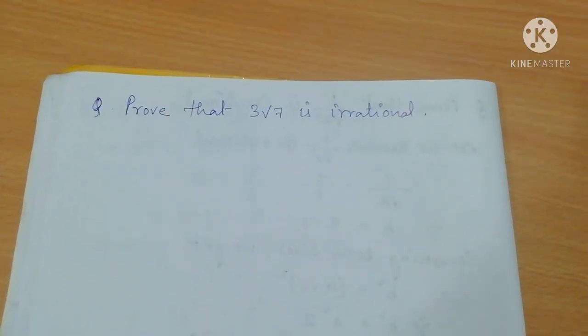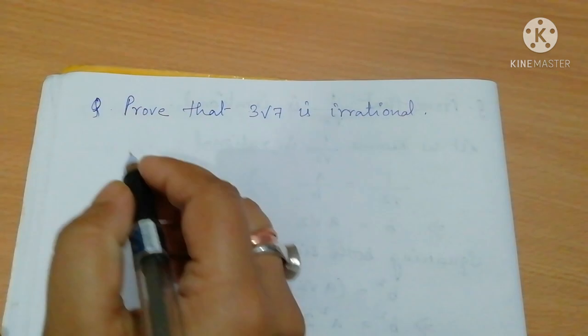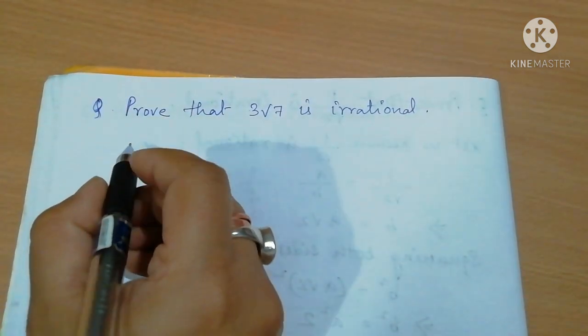So next question, prove that 3 root 7 is irrational. We know that root 2, root 3, root 5, root 7, root 11, root 13, these are irrational numbers. So we need to prove in this question that 3 root 7 is irrational. Let us see how to prove this. Same way we'll be going.